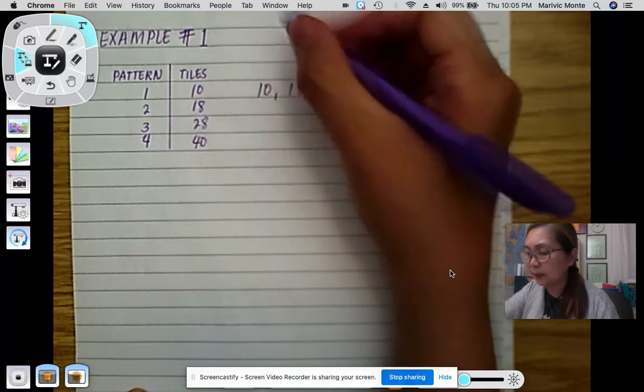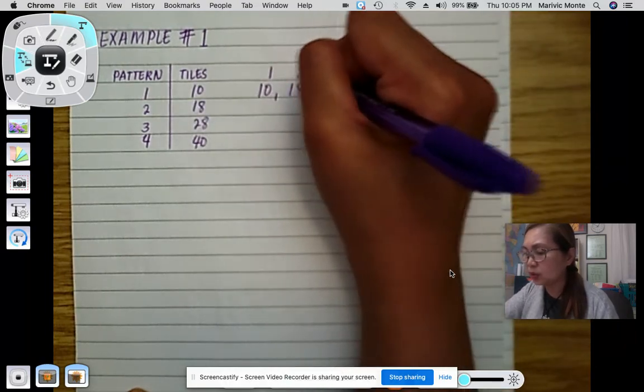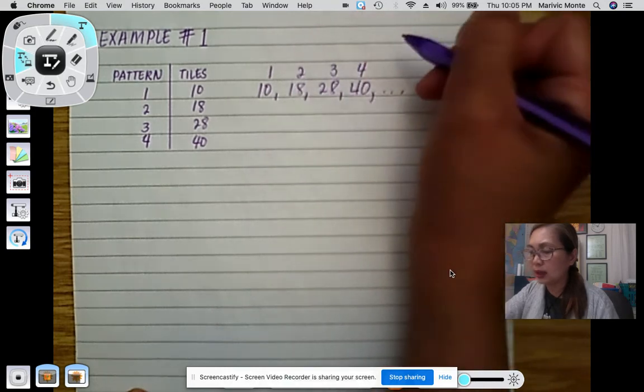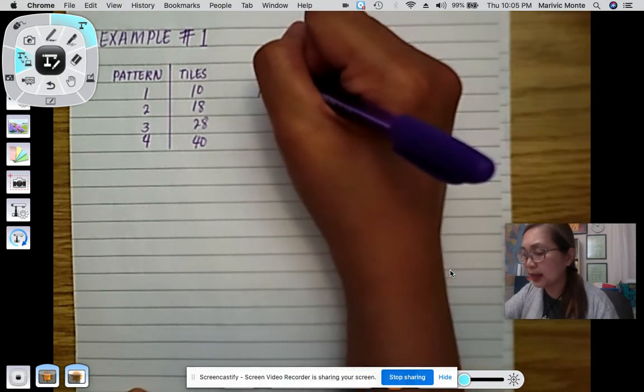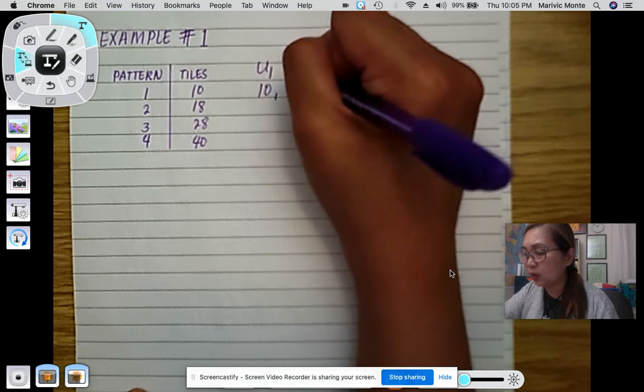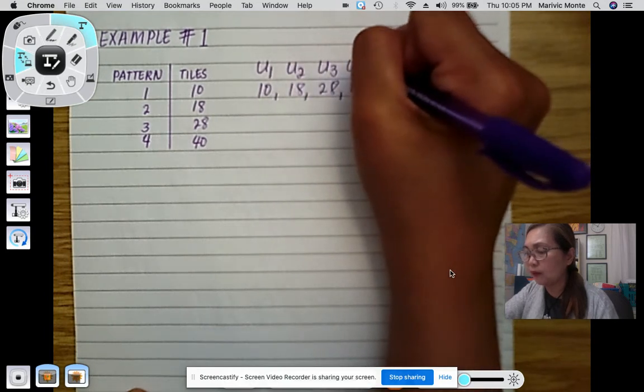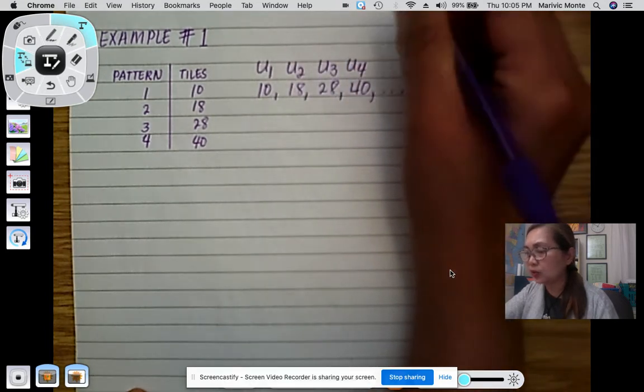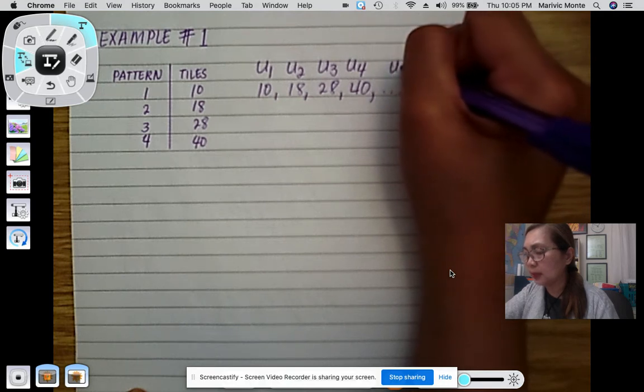And pattern numbers would go up here 1, 2, 3, and 4. And of course, we could write this as U of 1, U of 2, U of 3, U of 4, and the other numbers to the right would be simply U of n.